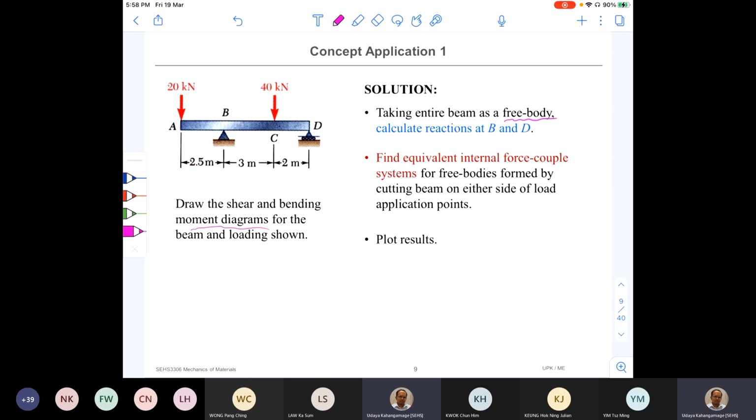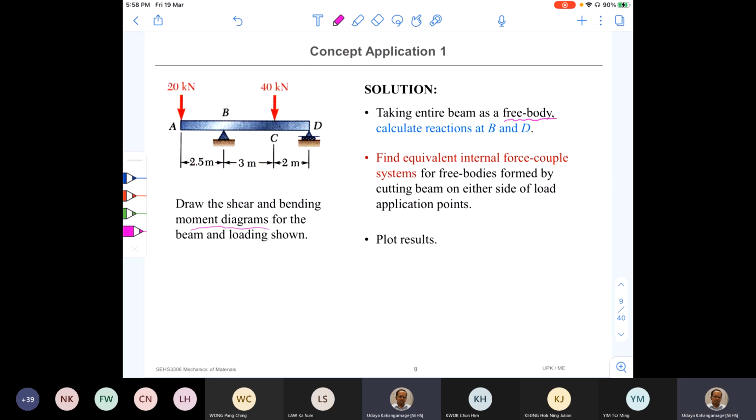Okay, so the first thing you need to know to find the shear force and the bending moment function is to identify how many discontinuities there are in this beam.